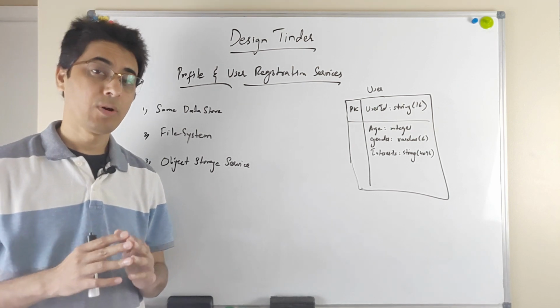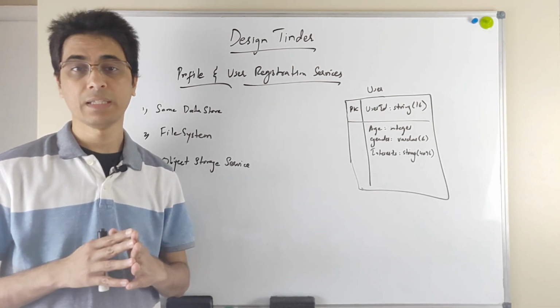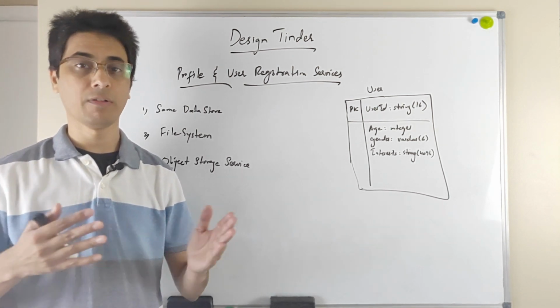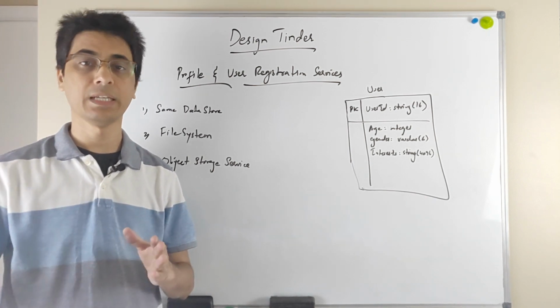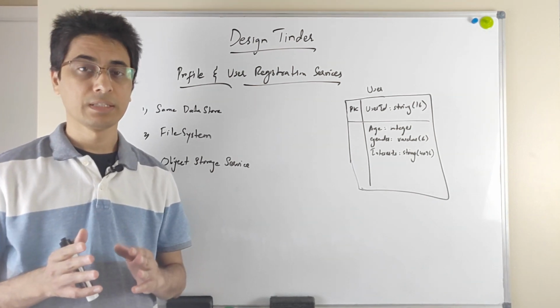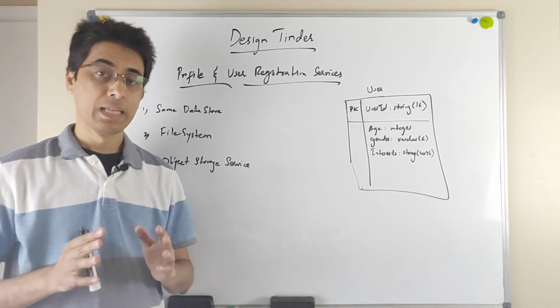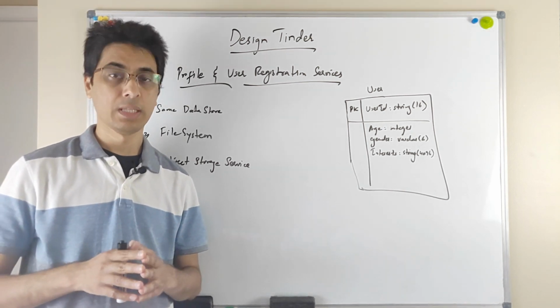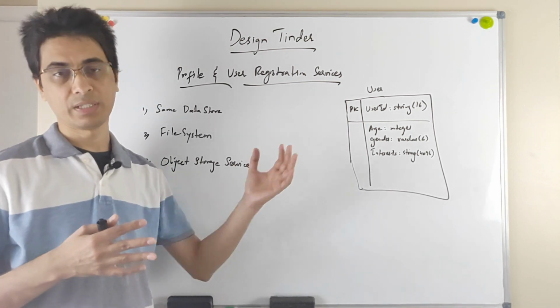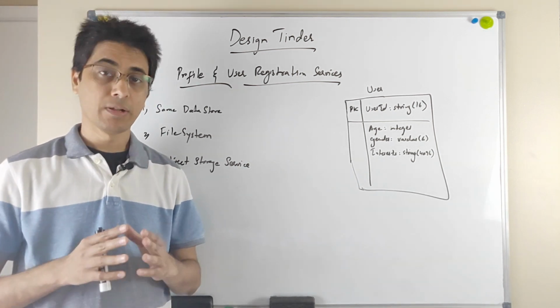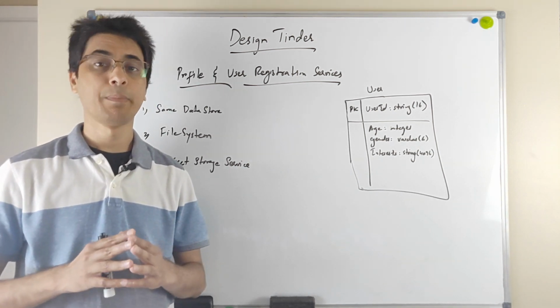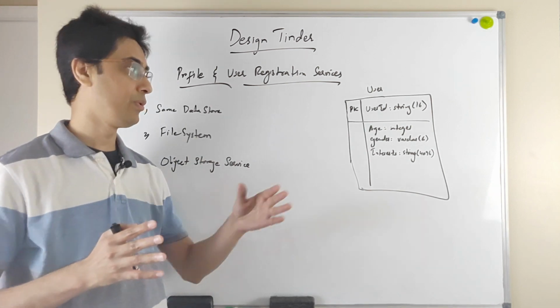We don't need to worry about orphaned entries in this approach, because there won't be any orphaned files or images dangling around as compared to other approaches that we will discuss later. There will be a single security model applicable to both the user data and the user images. And also the backup of the data store encompasses the whole data set, that is the user information along with the user images.